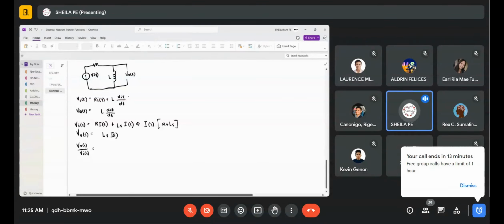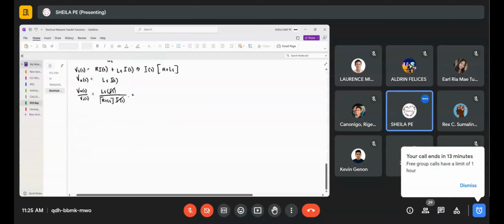Output is L s I(s) over R plus L s I(s). So that's L s over R plus L s.